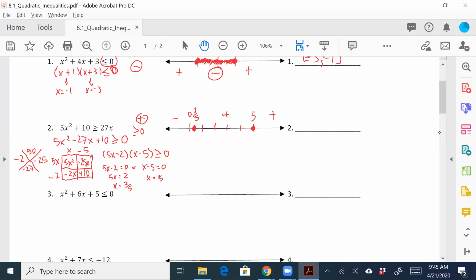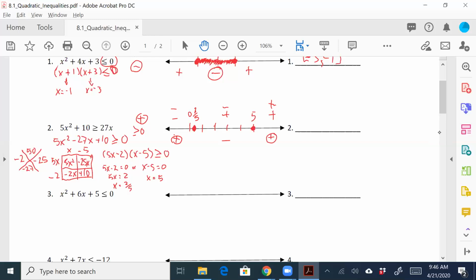And then with 5 is the 0 mark, the central mark, negative to the left for each of those, and then positive to the right. Then a negative times a negative is positive. Negative times positive is negative, and positive times positive is positive.